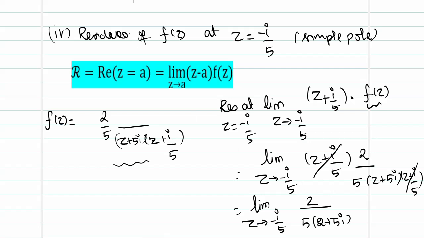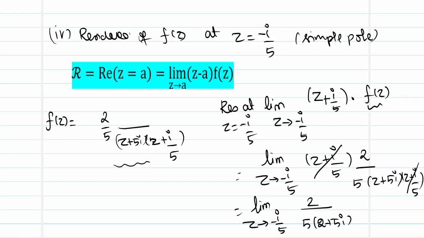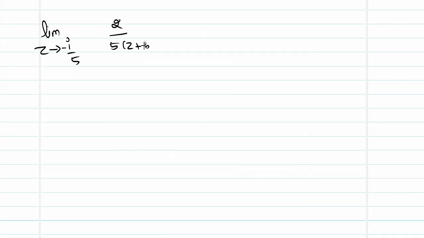So in the next stage, we will apply the limit to the value of z tending to minus i by 5: 2 by 5 into z plus 5i. So now when I apply the limit to my z, this gets replaced as minus i by 5 plus 5i. So let me take the LCM.